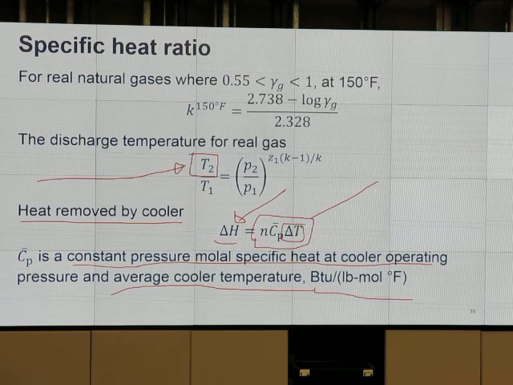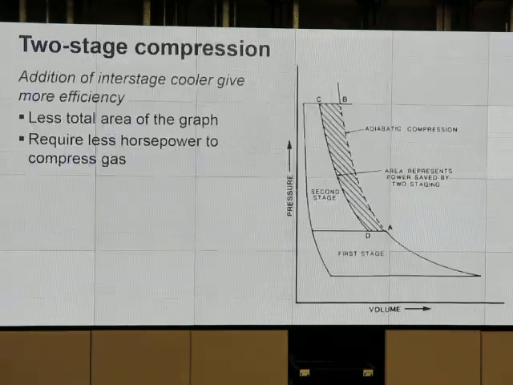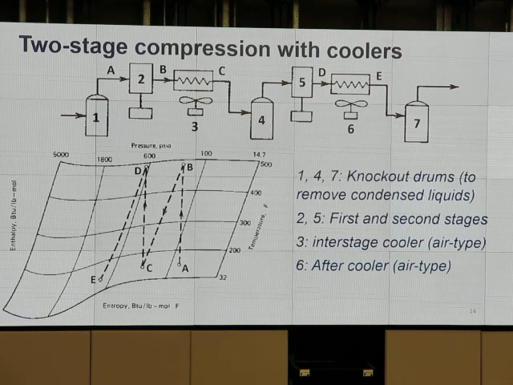Let me give you an example. If we move from 100 Fahrenheit, we compress it. Isentropic horsepower. Let's go back. Remember this chart. We stay at point A, we compress it. Entropy is constant, so we just go up to point B. Then we stay at B and we have to cool it down.